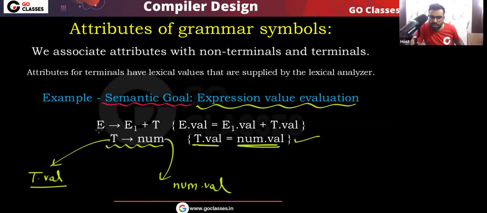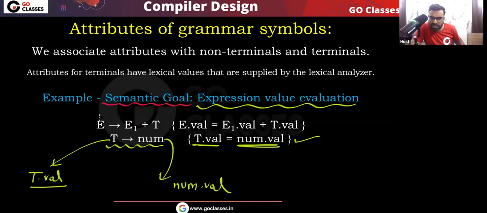Very simple. Now look at this production, E going to E1 plus T. Remember, this E1 is the same as this E; both are basically the same variable. But to differentiate which E I am talking about, I am using this subscript.